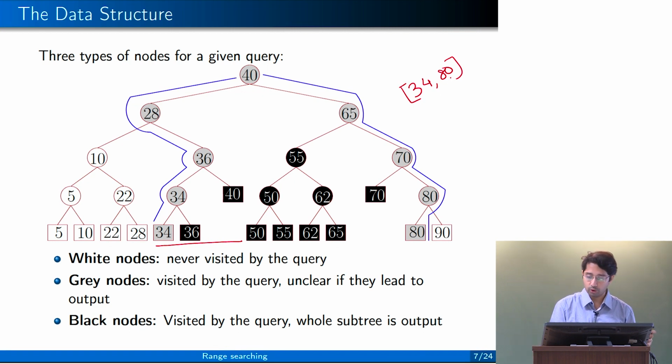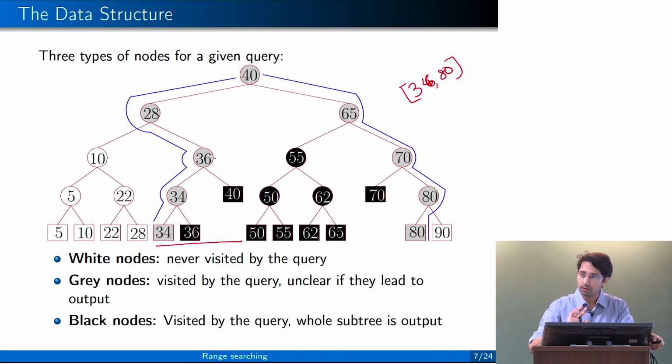Yeah, there must be a mistake, it should be 36 to 80. So, this 36 to 80 is not completely inside the interval associated with 36. So, 36 becomes a grey node. I am not sure whether I have to report all the points inside or not.